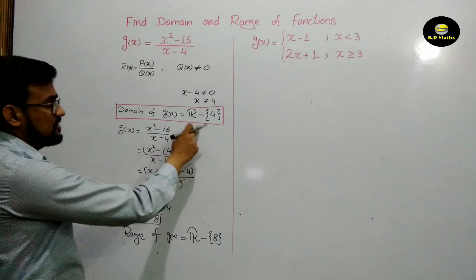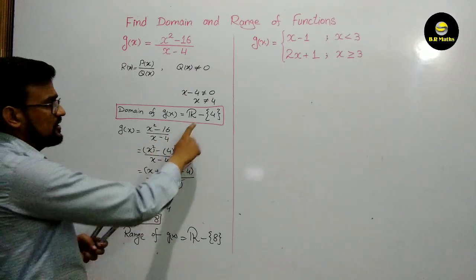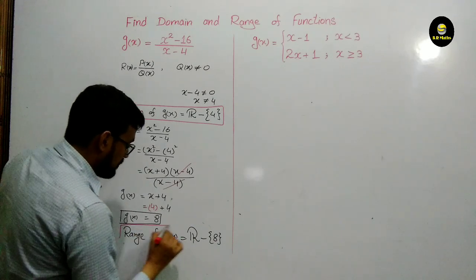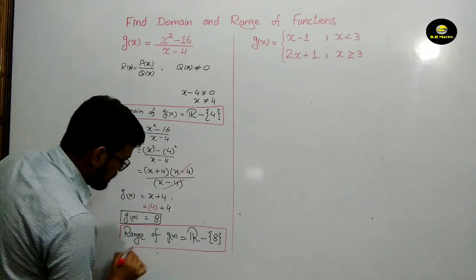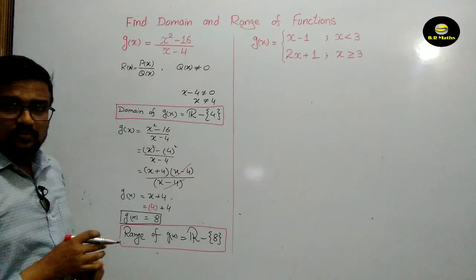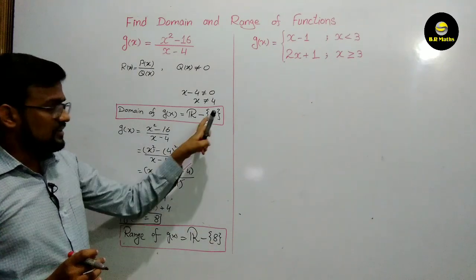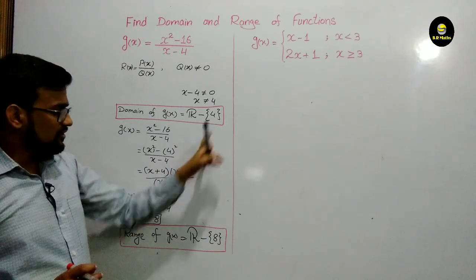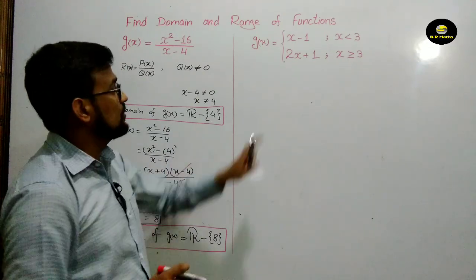Okay, so the domain is all real numbers except 4 and the range is all real numbers except 8, because this 8 corresponds to this 4. Since 4 is not included, 8 is also not included.